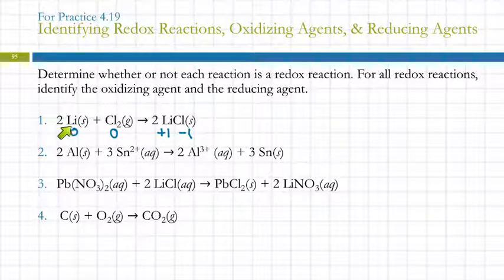Because this one's being oxidized, that means it's the reducing agent. Okay? So then before I forget what I just said, lithium is a reducing agent. I'm just going to call it RA. The chlorine gained an electron. Reduction is gain of electrons. It's reduced. It's the oxidizing agent.